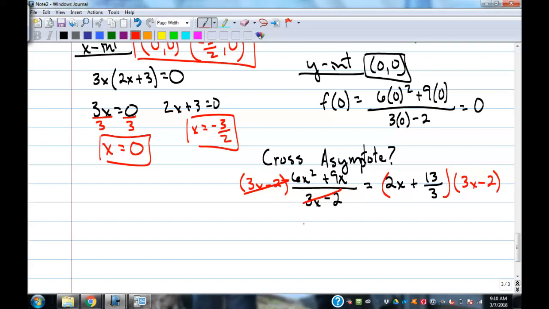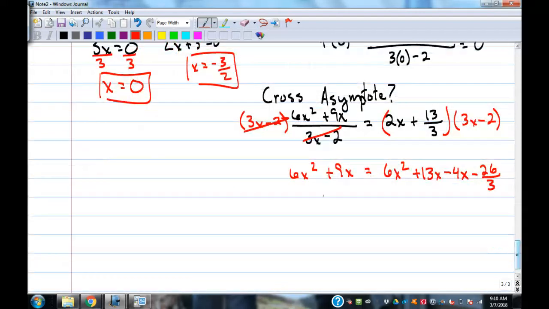So that's going to cancel over here. We get 6x squared plus 9x. 3x times 2x is 6x squared. 3x times 13 over 3, 13x. 2 and 2x and negative 2 is negative 4x minus 26 over 3. When I simplify that, 6x squared, 13 minus 4 is 9x.